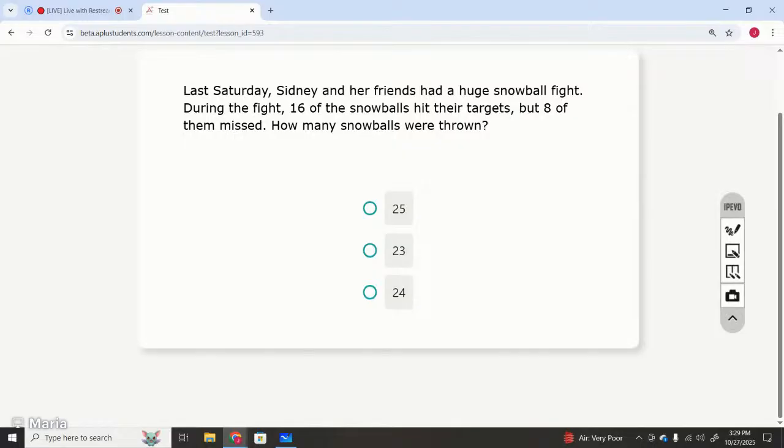Last Saturday, Sydney and her friend had a huge snowball fight. During the fight, 16 of the snowballs hit their targets, but 8 of them missed. How many snowballs were thrown?